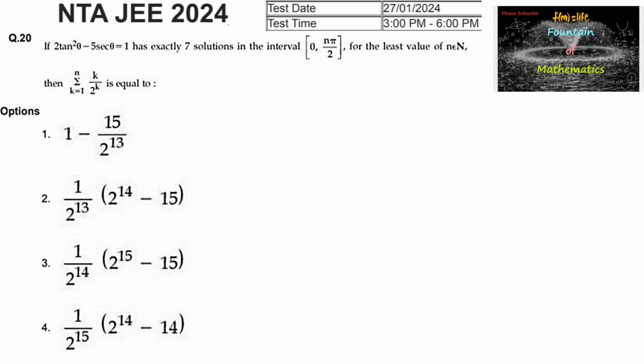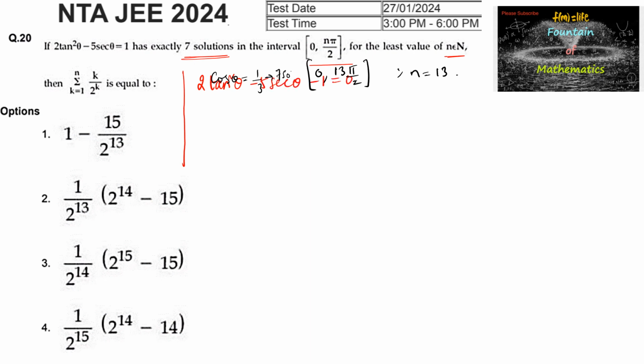If 2 tan square theta minus 5 secant theta is equal to 1 has exactly 7 solutions in the interval 0 to n pi by 2, for the least value of n, a natural number, then find the sum k is equal to 1 to n, k upon 2 power k. So given the equation 2 tan square theta minus 5 secant theta minus 1 is equal to 0, and we know that secant square theta minus tan square theta is 1.